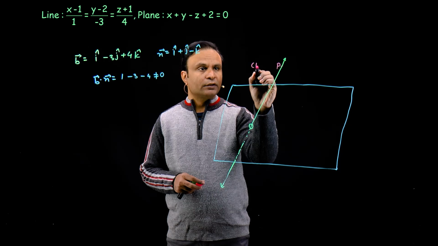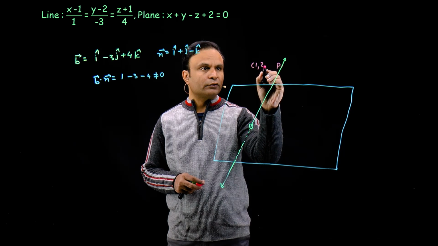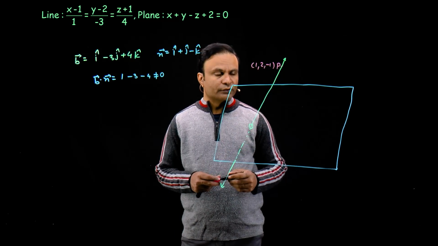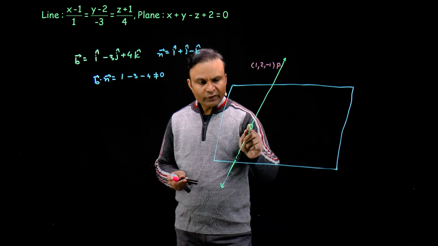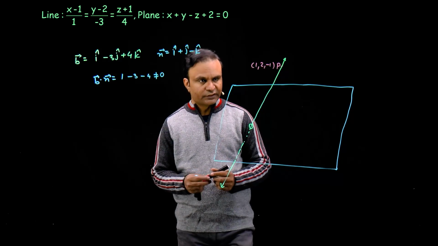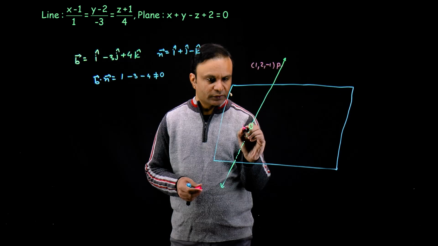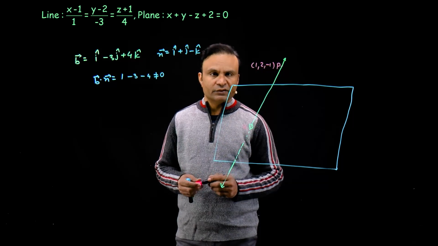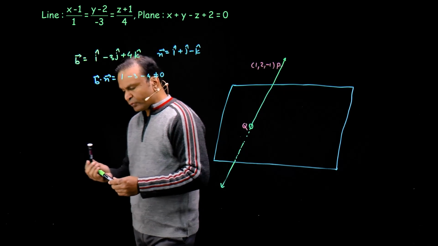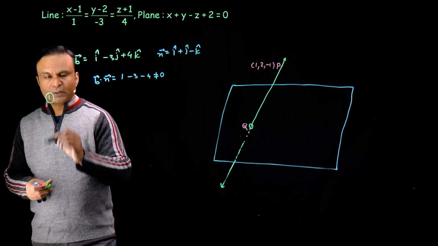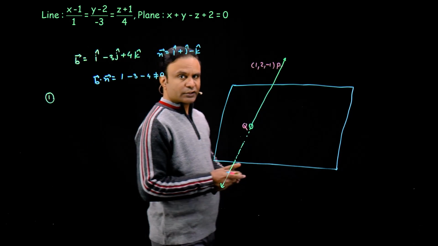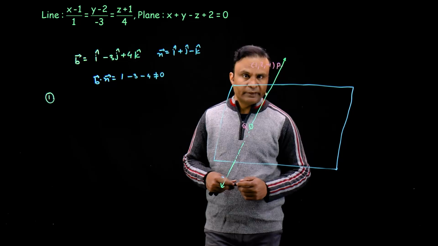It is (1, 2, minus 1). Now how do you get this point of intersection? Suppose this point is Q. How do you get this point? This is the point of intersection of line and plane.